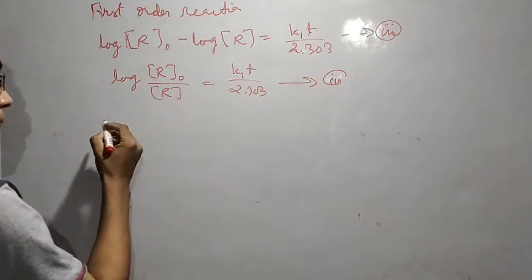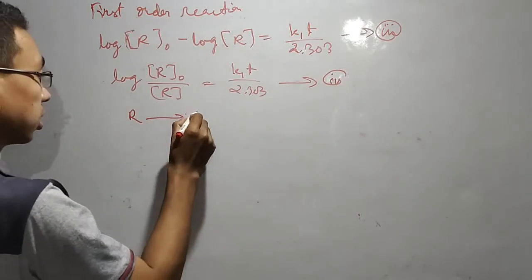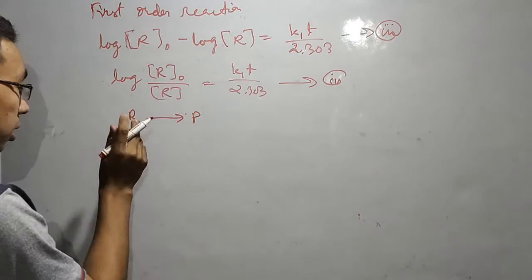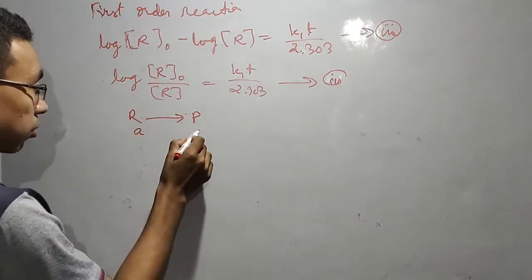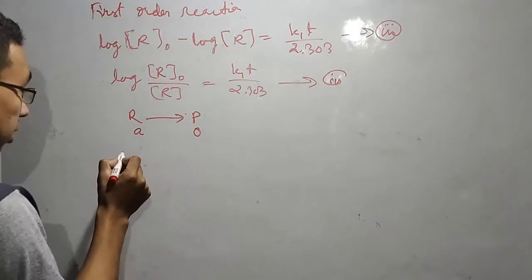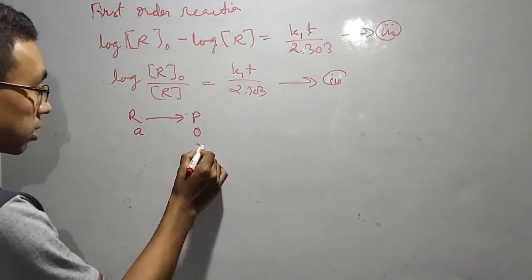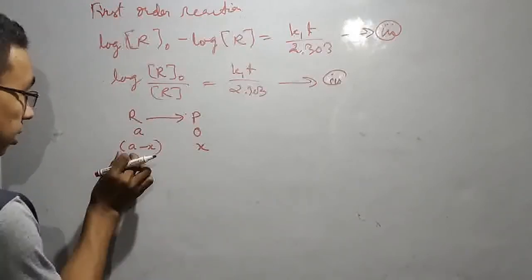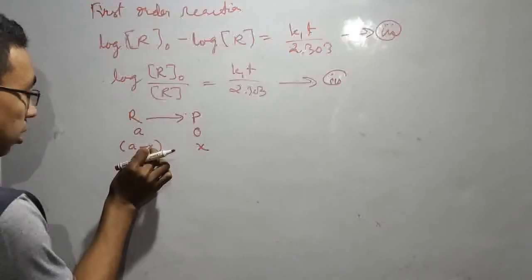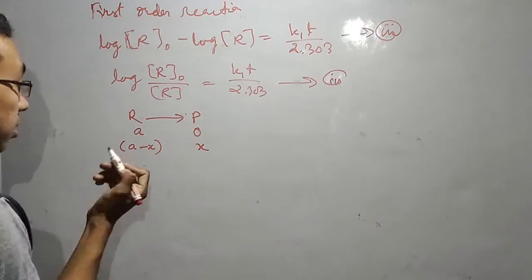Then suppose R gives P. Initially the concentration of R is a and the product formed is 0 when t is equal to 0. Then after some time t, the product formed is x, so the amount of reactant left is a minus x, because x amount of product is formed, so the remaining amount of reactant will be a minus x.